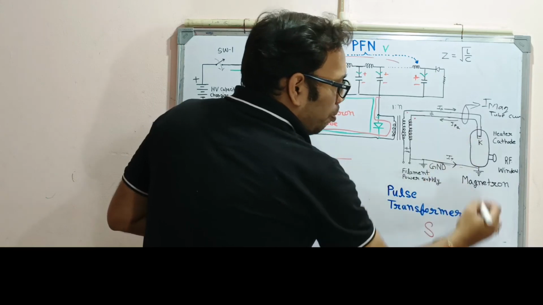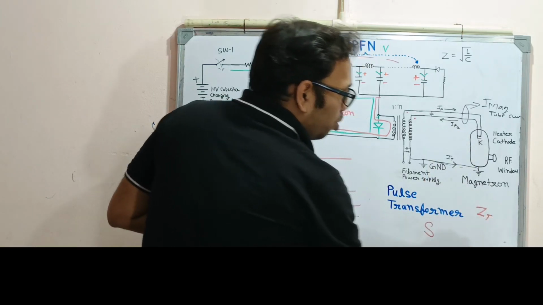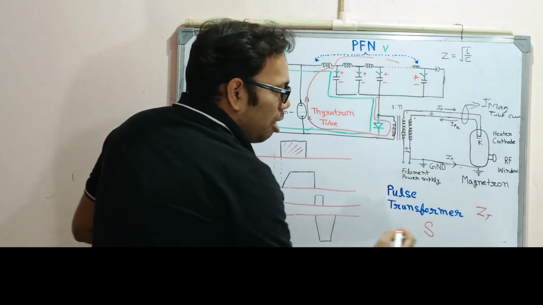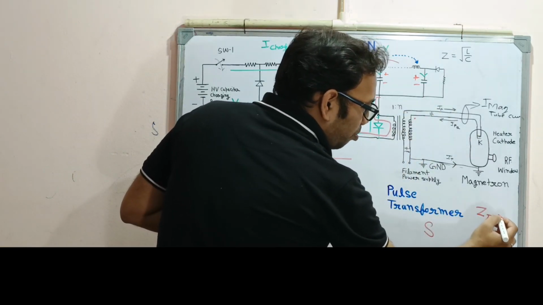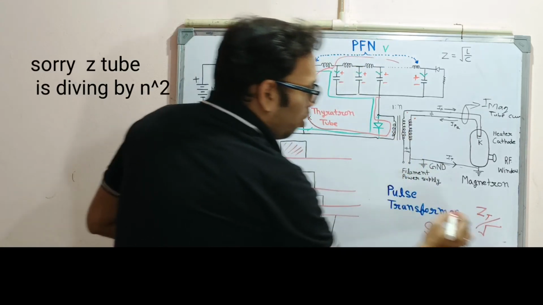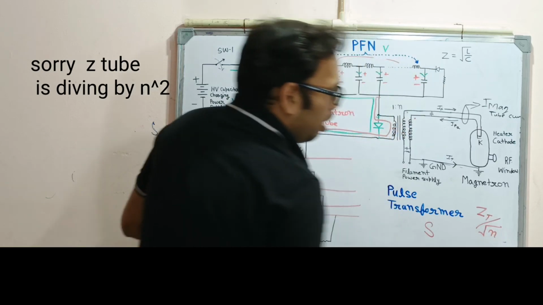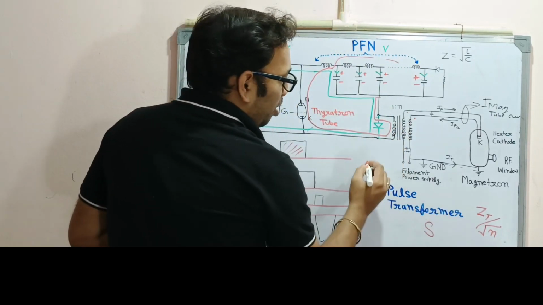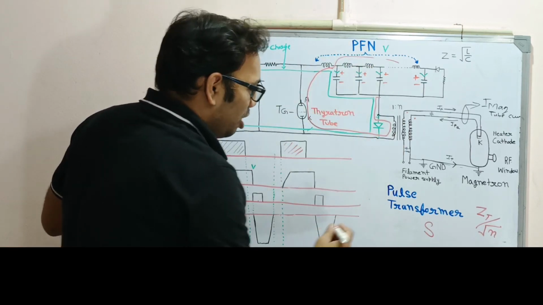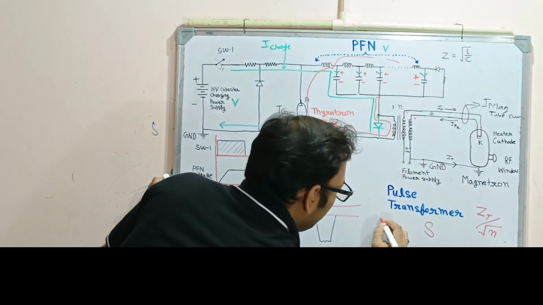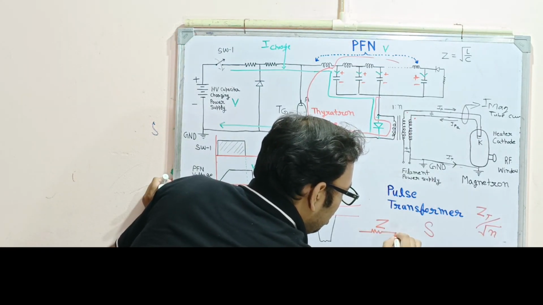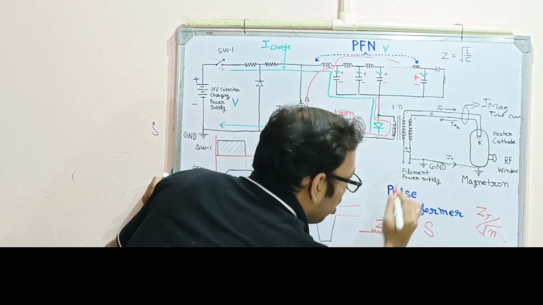If the tube impedance is ZT, we have to refer it from the secondary side to the primary side by dividing by the square of the turns ratio N, and then it becomes the impedance across the PFN. Here there is one network, the PFN impedance Z, and one more network, the load.